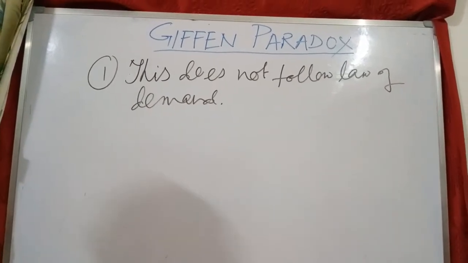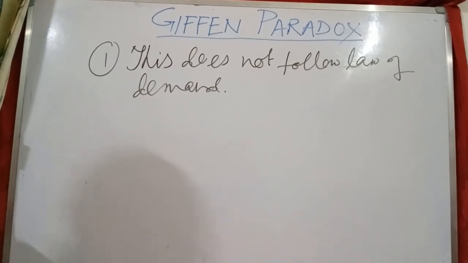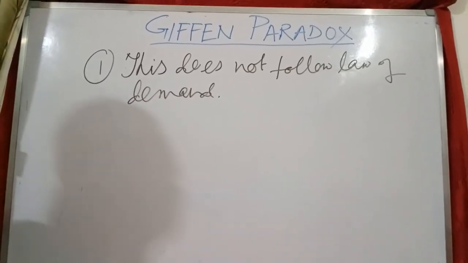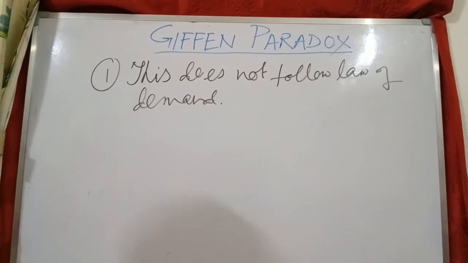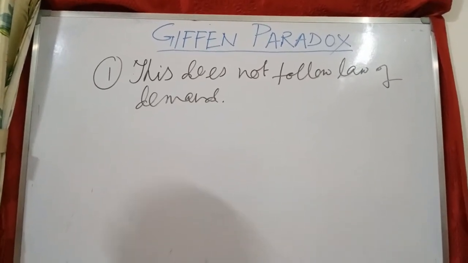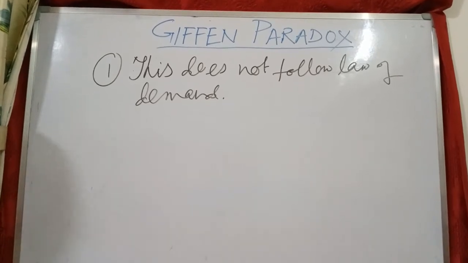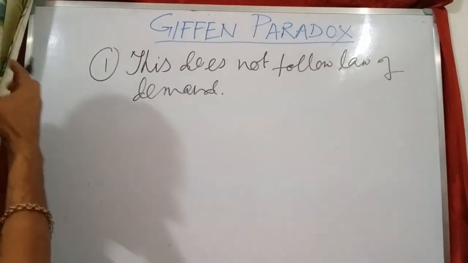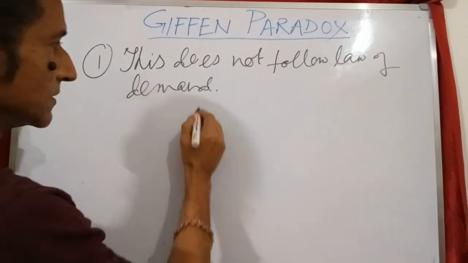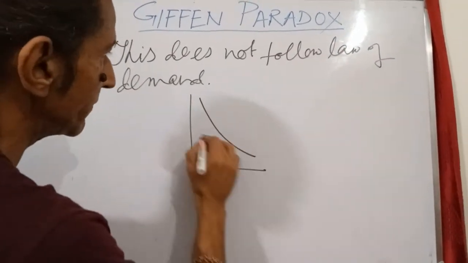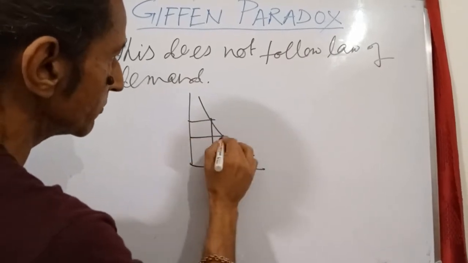That means price and quantity are inversely related to each other, where price is the independent factor and quantity demanded is the dependent factor. So that is the law of demand.